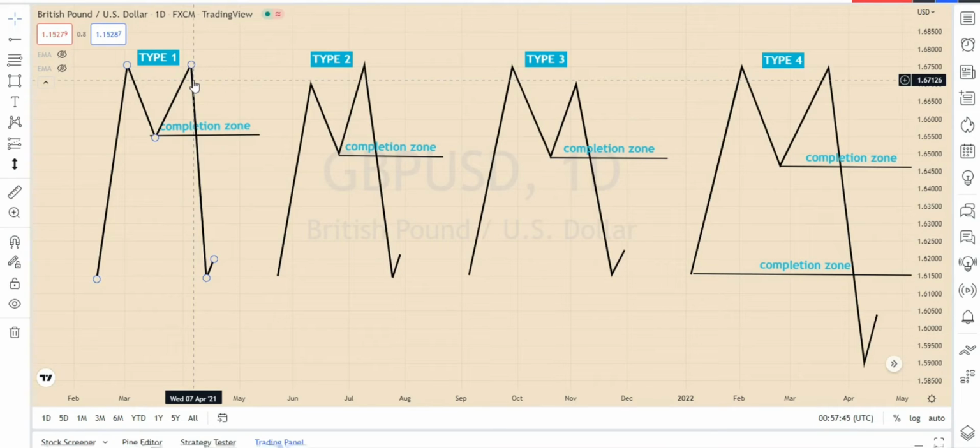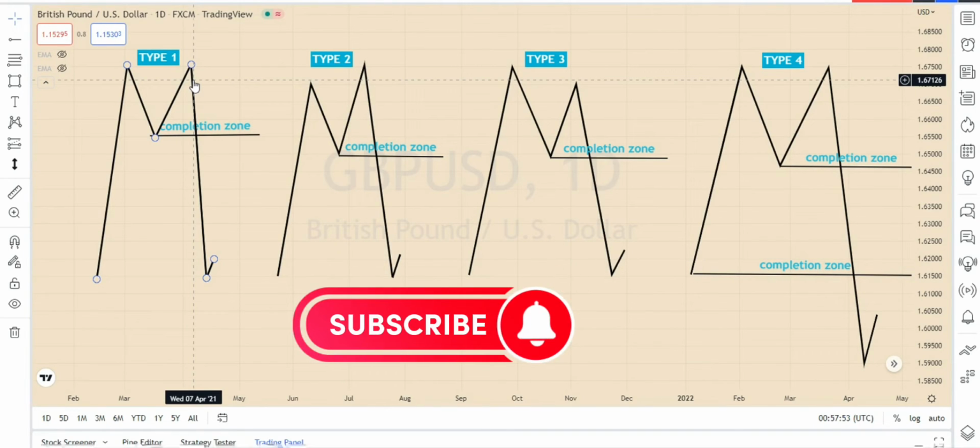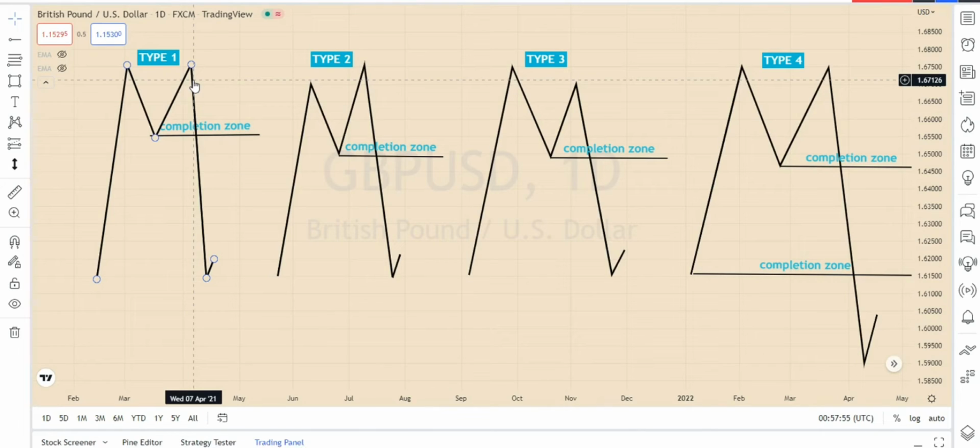There are going to be little variations here and there, so you have to train your eyes to see it. You do it by going back into your chart, looking around, trying to spot the M's. That is why I have listed all the 4 types that you will find in the chart right here.